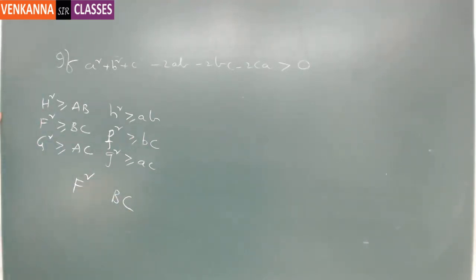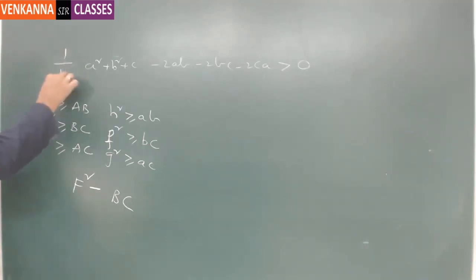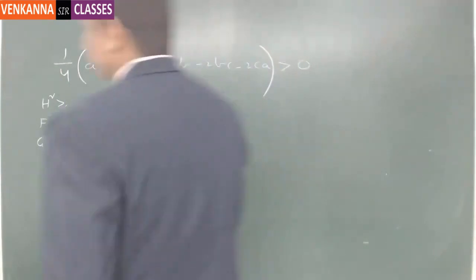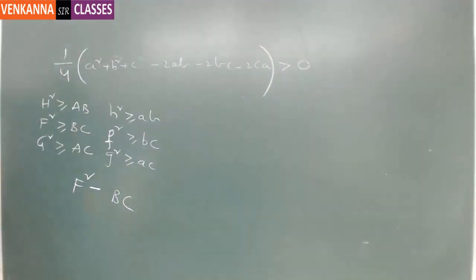in order to calculate the two values, you simply calculate F square minus BC. Now, what happens if you calculate F square minus BC, the value is nothing but 1 by 4 of this part which is given in the problem: 1 by 4 of a square plus b square plus c square minus 2ab minus 2bc minus 2ca.